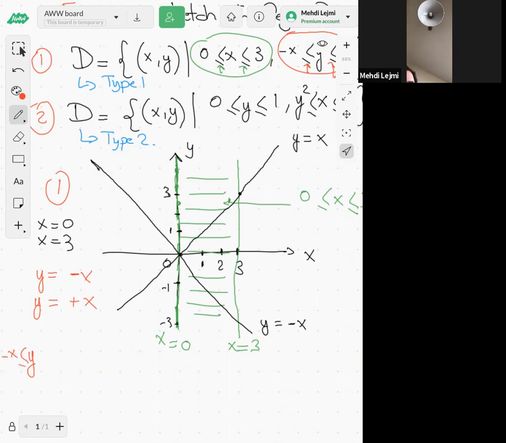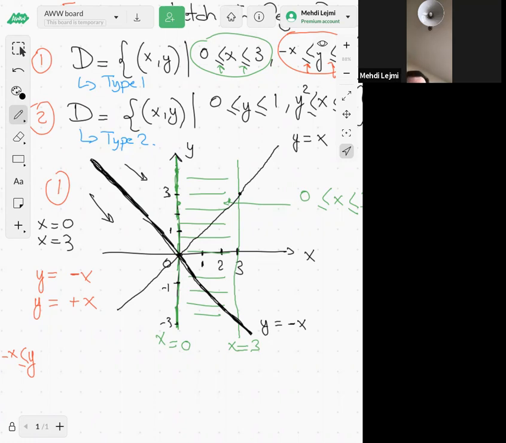This line here is y equals to negative x, so y larger than negative x would be either the region on the right side of the line or the region on the left side. There are different ways to figure out which region it is.